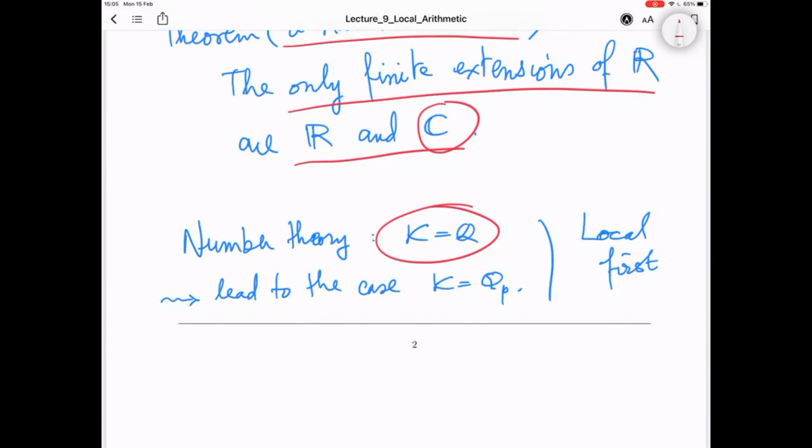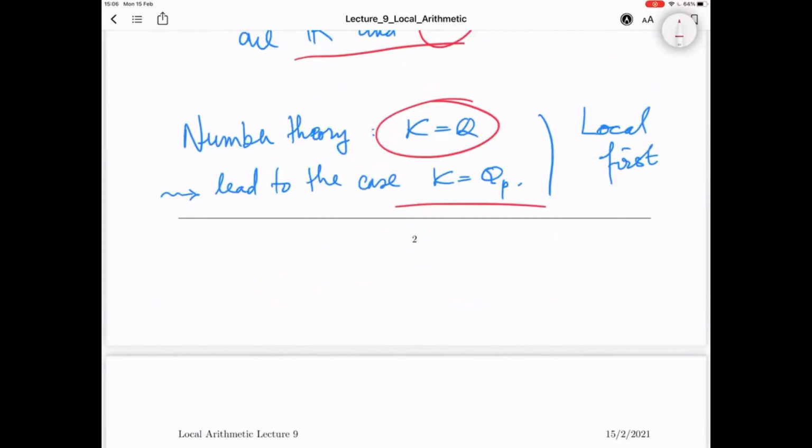So number theory is really concerned with the case K equal to Q. We would like to classify or understand all finite extensions of the field Q. And we are very far from this goal. We are very far from understanding everything about all finite extensions of Q. That will take a lot of time. But in local arithmetic, the goal is to understand finite extensions of Q_p.